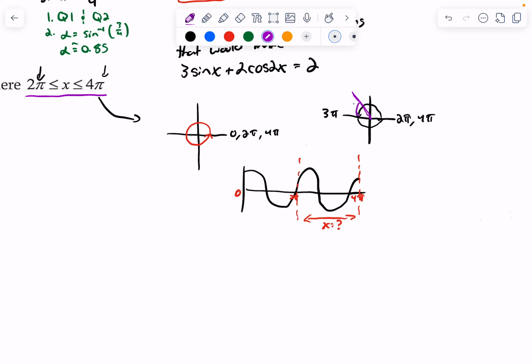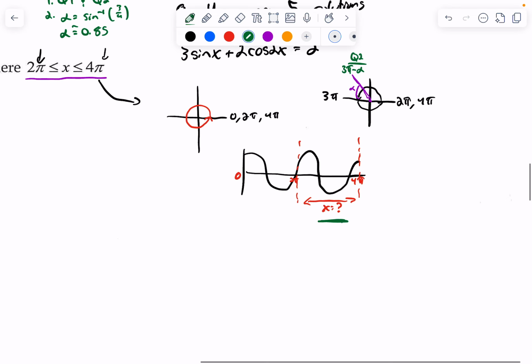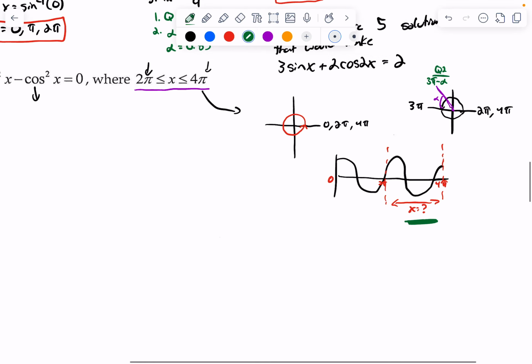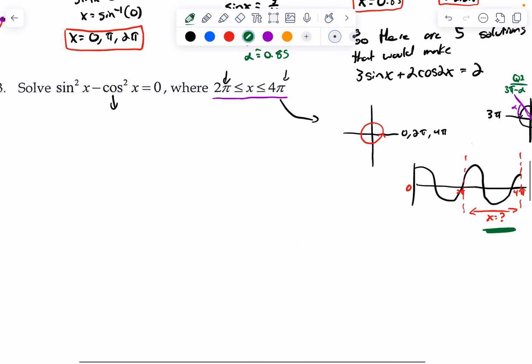Well, if that's alpha, when you go to evaluate that quadrant, quadrant 2 in this case, really is you saying 3 pi minus that alpha, right? Because that's really now the 3 pi axis, because you're looking in this domain here. So just keep that in mind when we're going through solving this, when we start evaluating our quadrants.